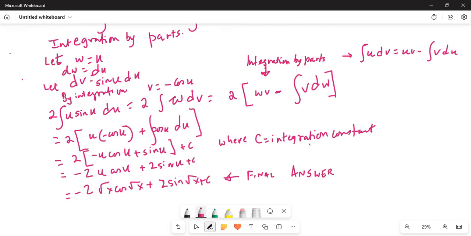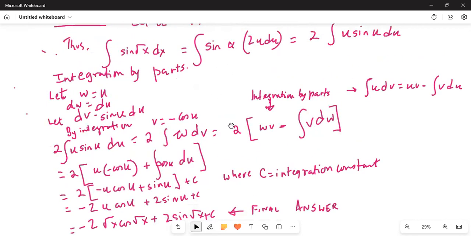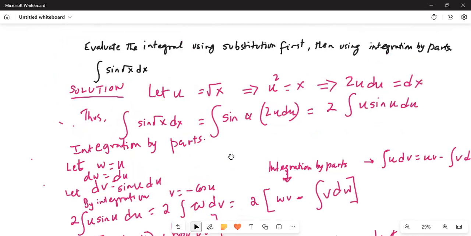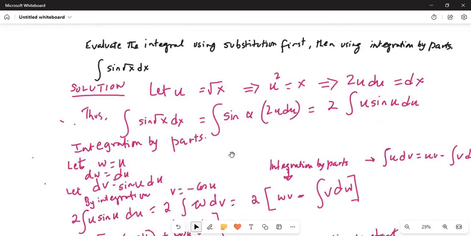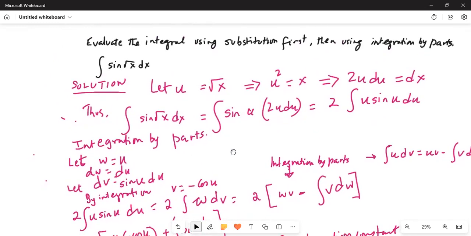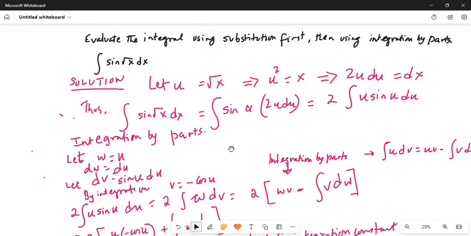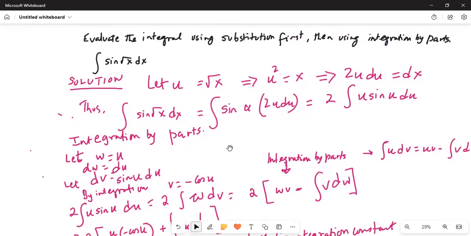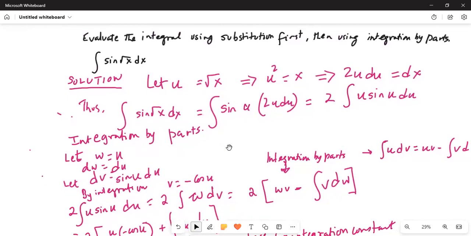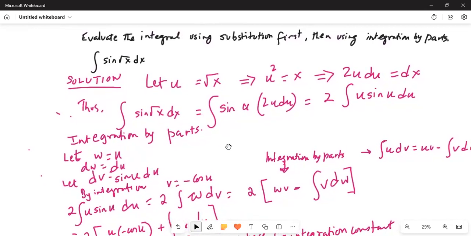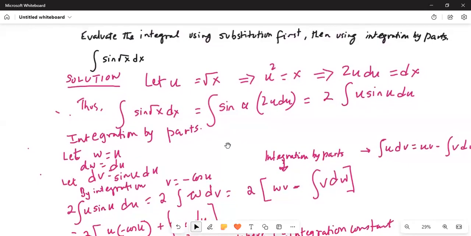Again, to recapitulate, let's start from the top. First I did the substitution. The question was the integral of sine square root of x dx. I substituted u equal to square root of x. That means u squared is equal to x, and when I differentiate both sides, 2u du is equal to dx.